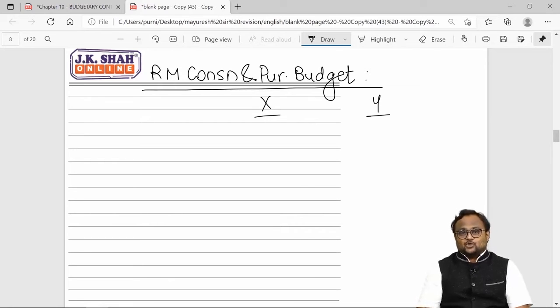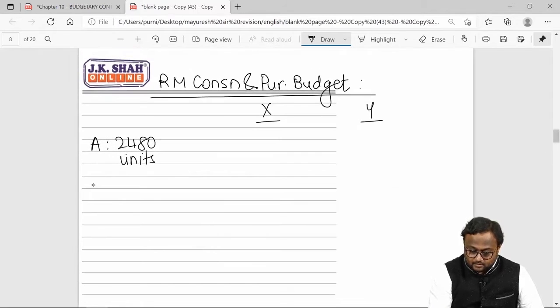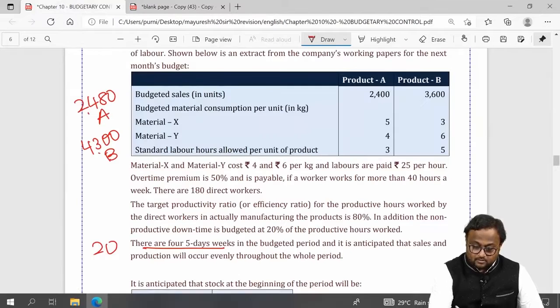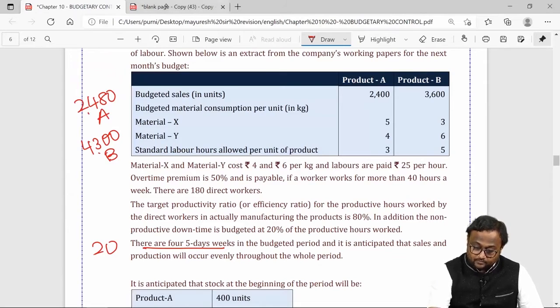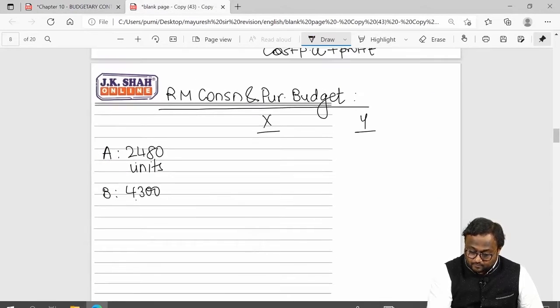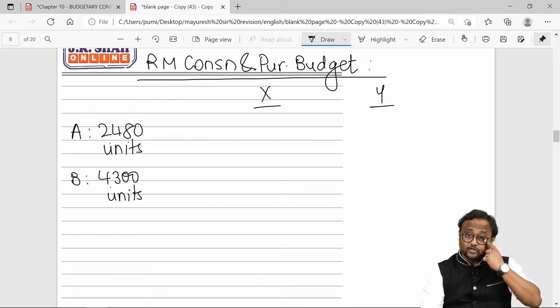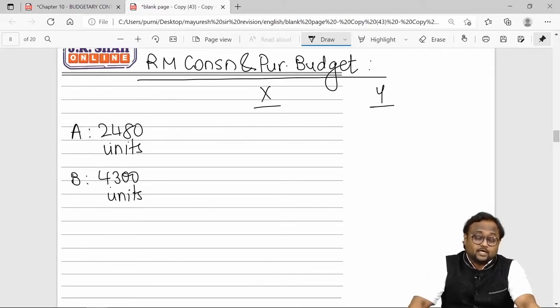First question you should ask to yourself, why do we need X and Y? And the answer is to produce 2480 units of A and 4300 units of B. That is why we need this.